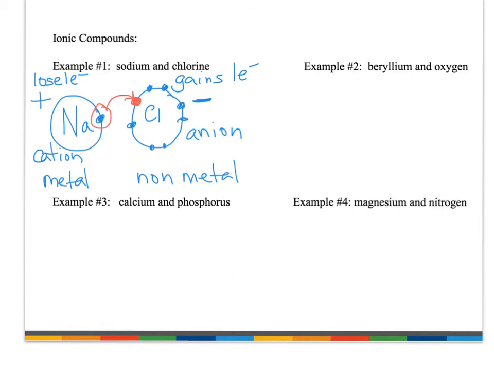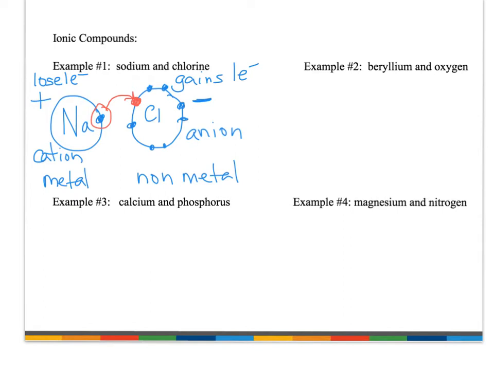Why sodium and chlorine now stick together is because sodium is positive and chlorine is negative, and opposites attract. So now they are bonded together because they're attracted to each other because they have opposite charges. Sodium has a positive charge, chlorine now has a negative charge, and they are bound together in an ionic compound.